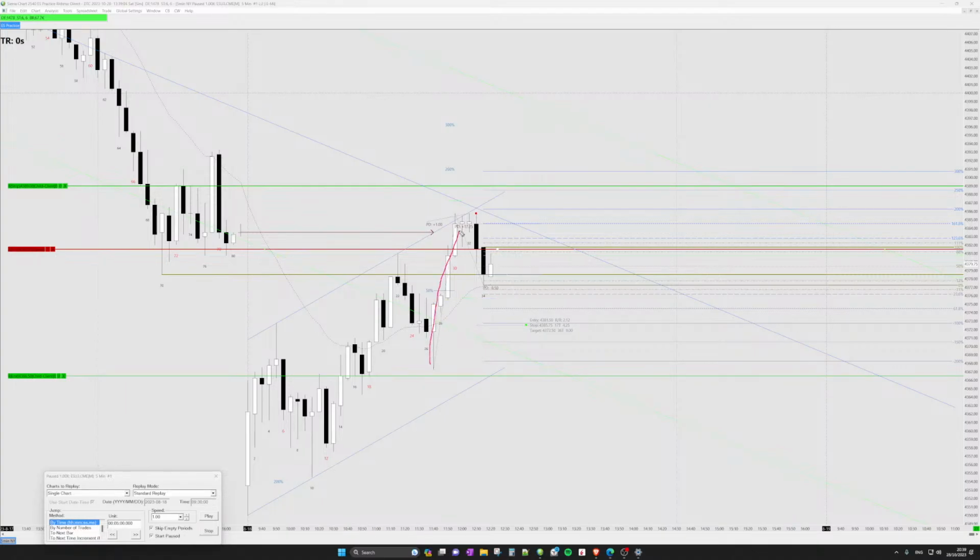Also, given how strong the pullback and how strong the bear bar is, it significantly increases the probability that this is the exhaustion bar, the final climax bar after that trend up.